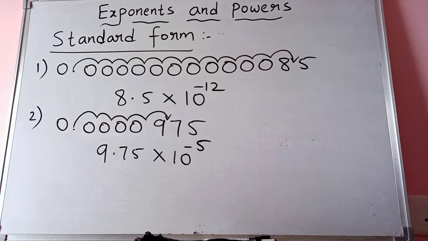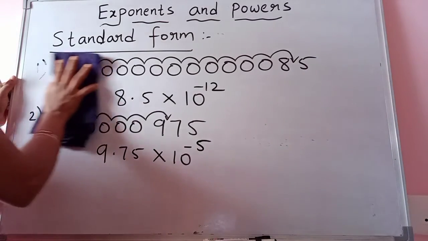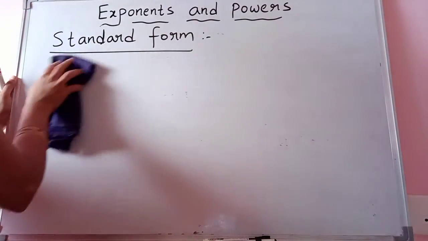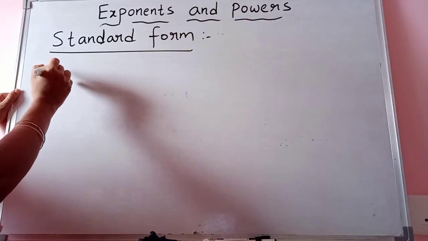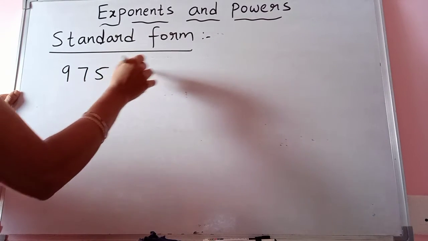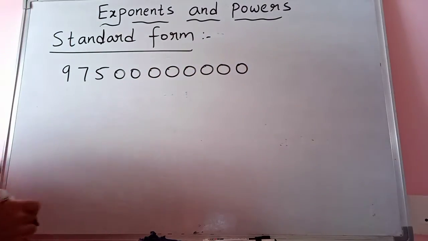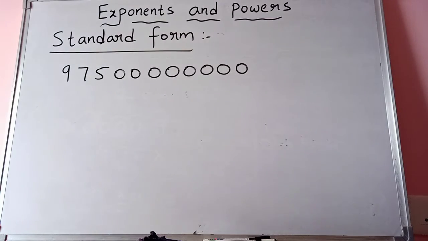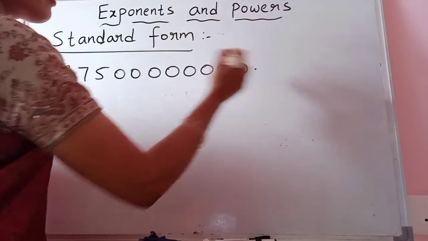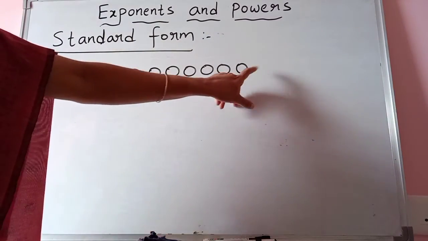Now we'll see how to write the standard form for very large numbers. For example, 975. For this large number, how to write the standard form. Here also the decimal point we have to imagine is at the end, that is, after the last 0.